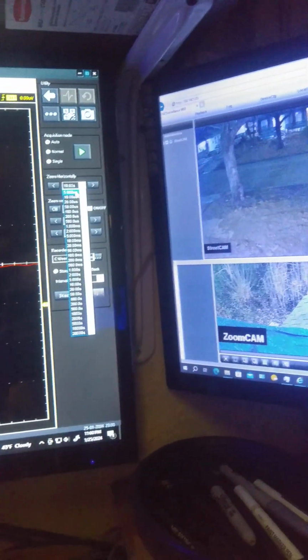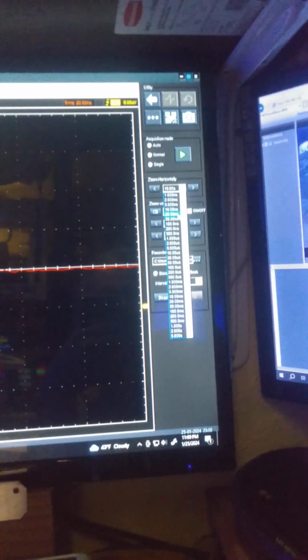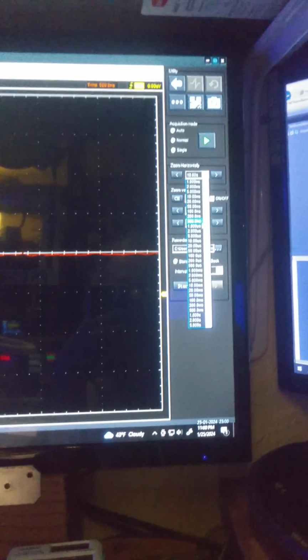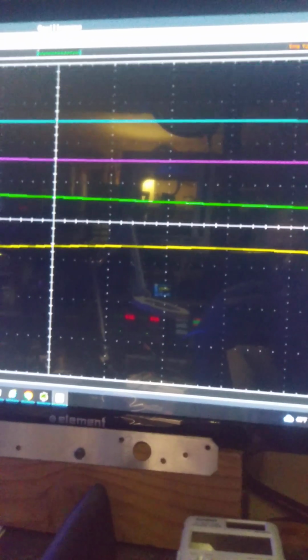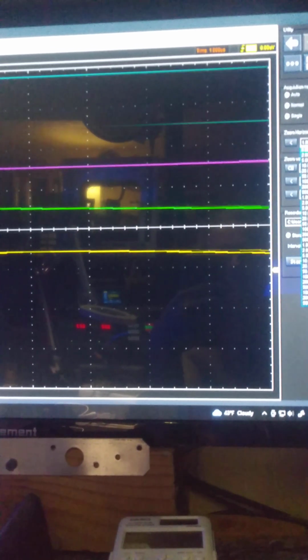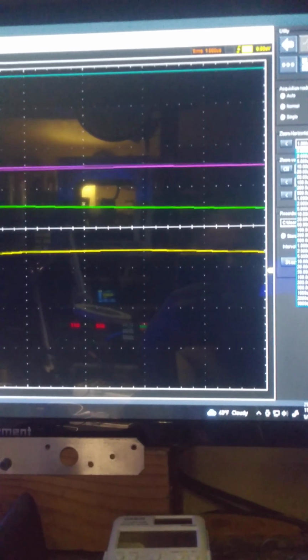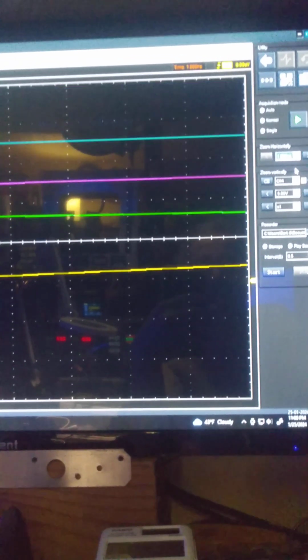And apparently, let's see, how far can this go? It's hard for me to see this, because that's 1 microsecond right there, at 1 microsecond per division. But it can supposedly go down to 1 nanosecond, I guess.